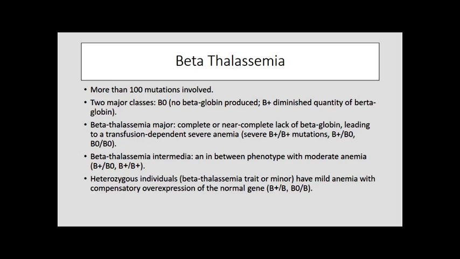So they have a mutation of the mild type, or don't produce any at all in this gene, but they overcompensate. The normal gene is overcompensating and producing enough amount of beta globin. That's why we have the clinical classification in severe, moderate, or mild. It's called major, intermediate, or minor, which is exactly the same as trait.